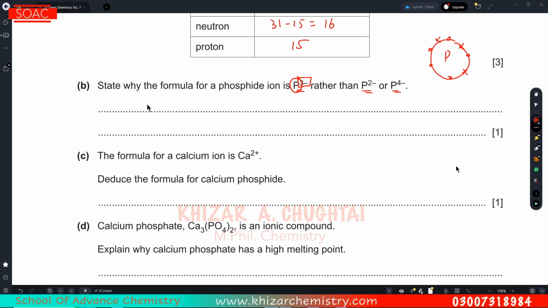So it needs 3 electrons to complete its octet. It needs 3 electrons to make its full octet, or outermost shell.